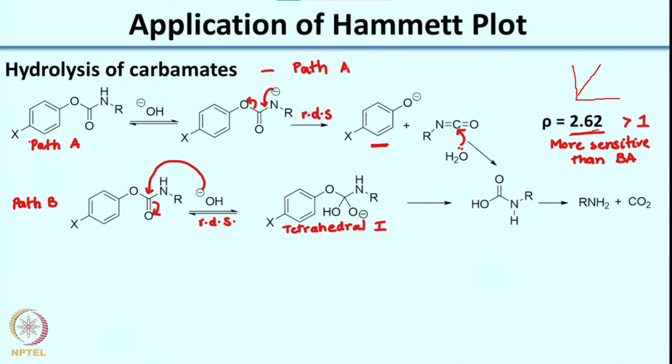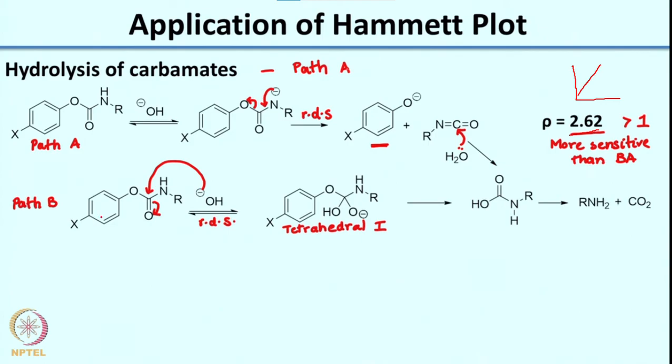So if an electron withdrawing group is present here, it will stabilize the molecule, correct? It will stabilize the molecule. So because it's stabilizing the molecule and it's more sensitive than benzoic acid, the preferred and favored mechanism for this reaction will be path A, not path B.